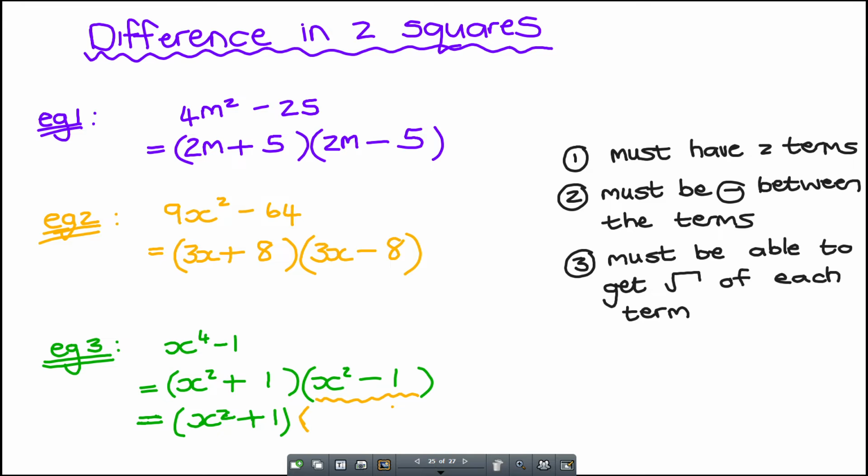So it will be a plus and minus. Okay, so the square root of x squared will be x. And the square root of 1 will be 1. And now I'm done. Okay, so watch out for that.